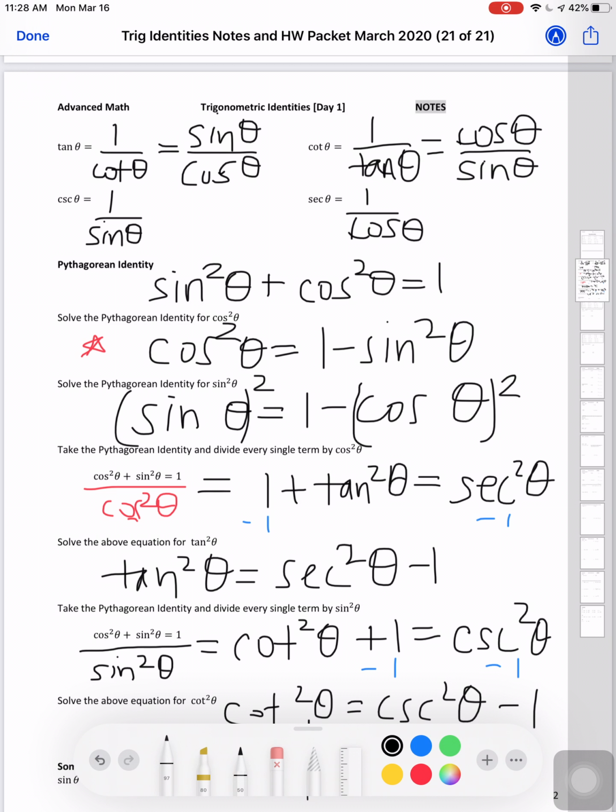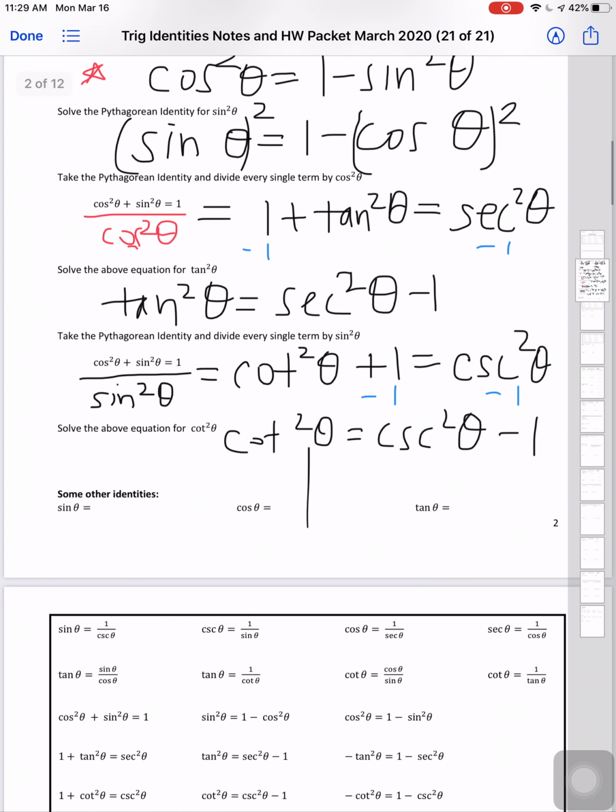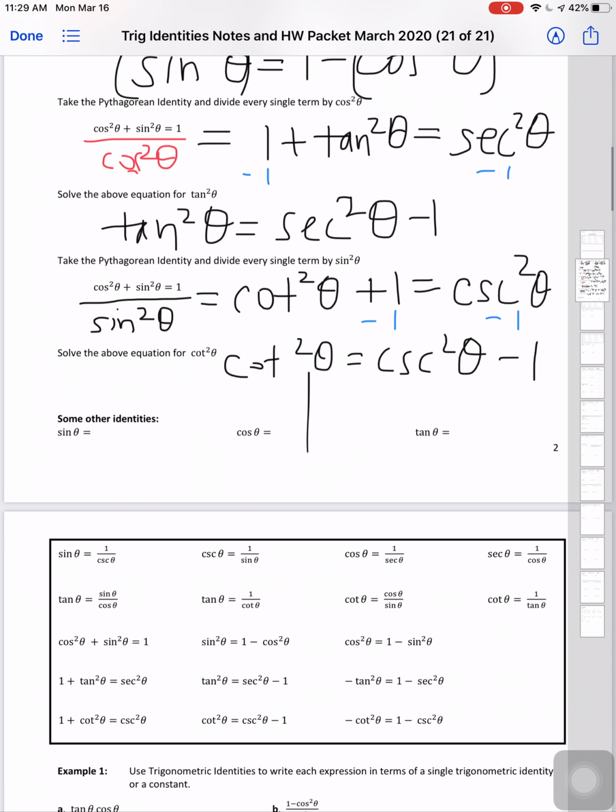All right, so we're going to move on to the next part of this, and we can move this just a bit. Some other identities: sine of theta, we could write that as a reciprocal of cosecant, so 1 over the cosecant of theta.